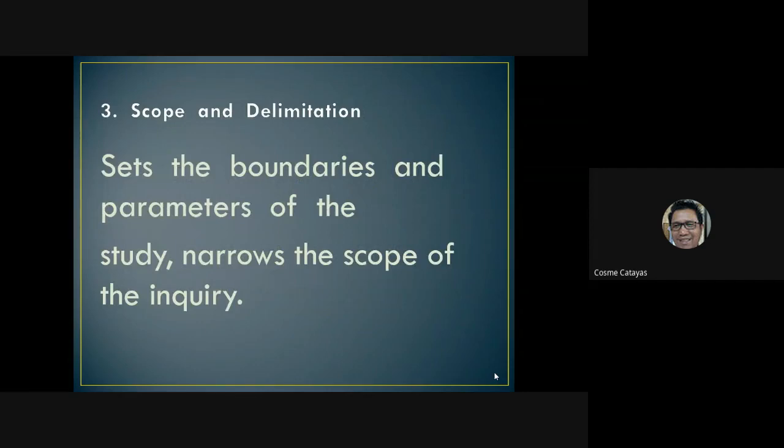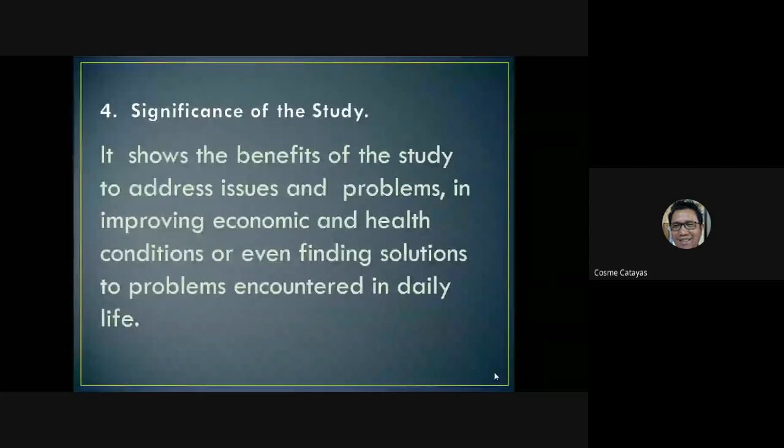Number 4, significance of the study. It shows the benefits of the study to address issues and problems in improving economic and health conditions or even finding solutions to problems encountered in daily life.